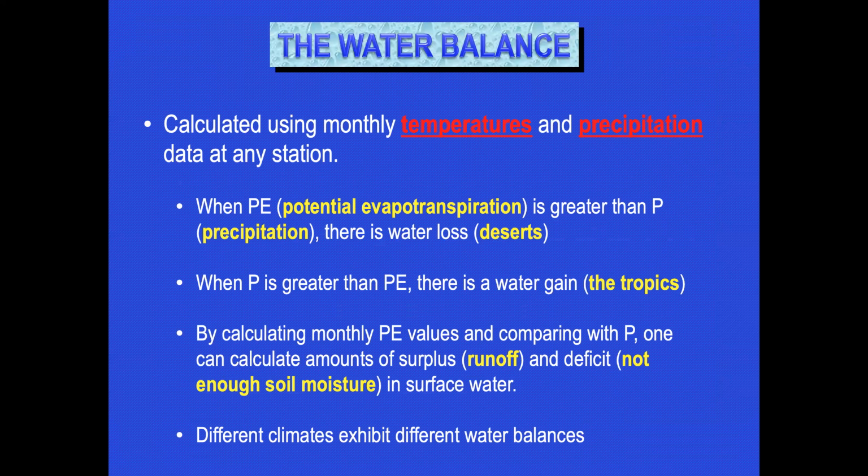The idea of water balance, the idea of PE, potential evapotranspiration. So when the amount of potential evapotranspiration is greater than the actual precipitation itself, you have a desert or you lose water. When the precipitation is greater than the PE, then you have water gain, the tropics. So this is important because it's significant to agriculture.